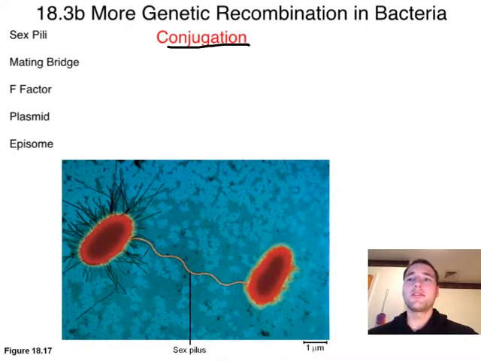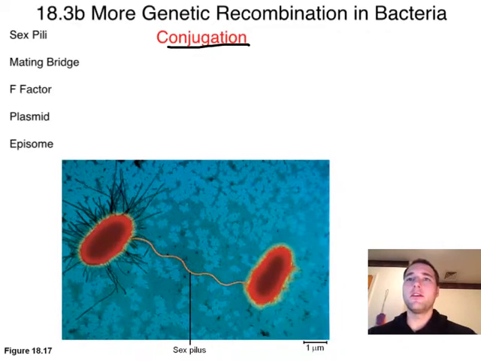Basically, with conjugation, we're going to have two bacteria directly linking to each other. And after they've linked to each other, we're going to have some DNA or genetic material transferring from one to the other. This diagram here is showing something called a sex pilus, which is the singular, the plural is sex pili.